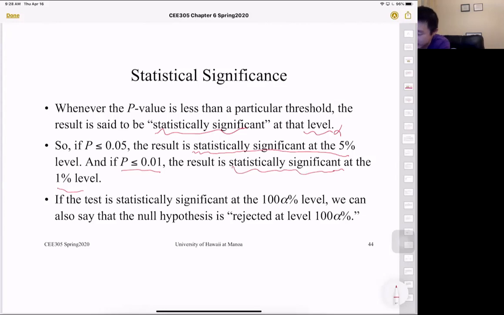Actually alpha can be any level. So if the test is statistically significant at the 100 alpha percent level, for example, if alpha is 0.01, then it is 1%. We can also say the null hypothesis is rejected at level 100 alpha percent.